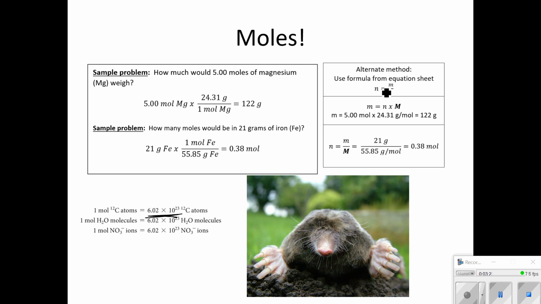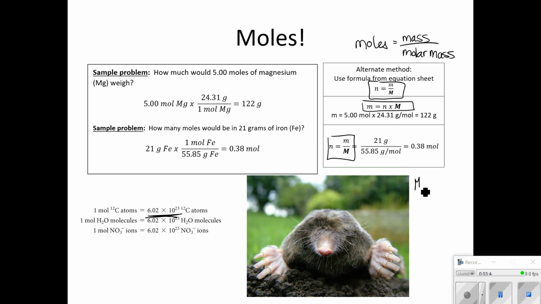The other thing that's on your equation sheet is this right here, which is moles equals mass divided by molar mass. So if you would find this helpful, you could write out what this looks like rearranged to solve for various things. So solving for mass, solving for moles, or solving for molar mass.